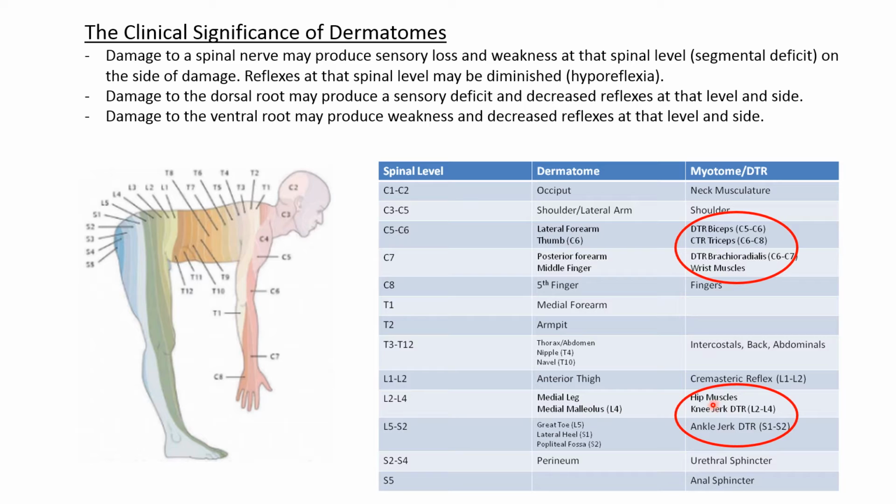And complementary reflexes in the legs, the knee jerk is controlled by neurons coming out of L2 to L4, and the ankle jerk by neurons coming out of S1 to S2.